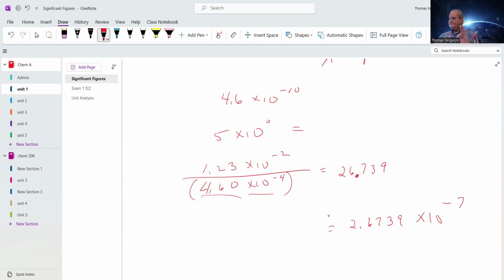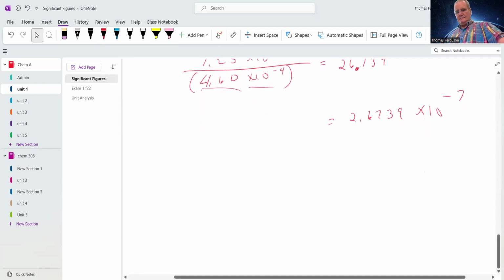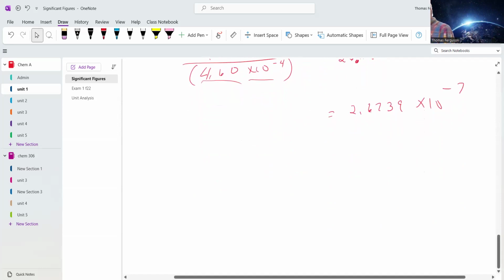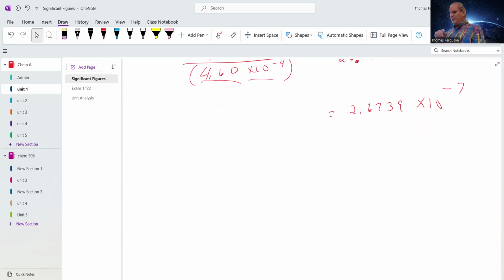Let's see. I'm going to do one more thing. Tomorrow I'm going to be getting into problem solving, so I'll cover that tomorrow. What I wanted to show you as an example is if you have a bunch of division problems in a row, there's 2 ways to do it.